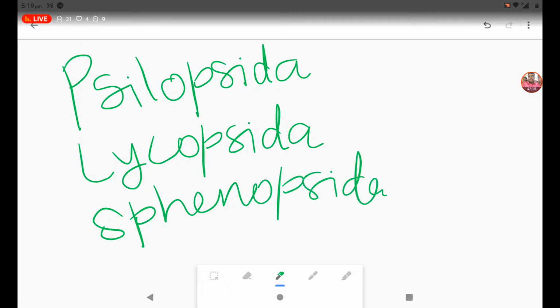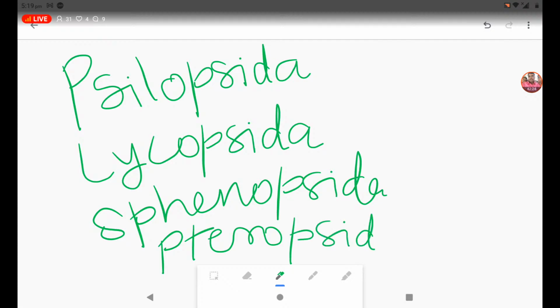And the last one is Pteropsida. Like this, 4 classes are there under the Pteridophyta.